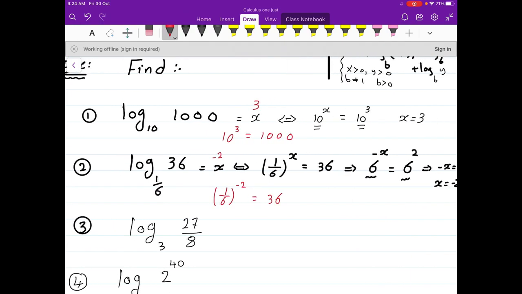Find log 27 over 8 for the base 3 over 2. This is equal to x. This is the base and this is the exponent.